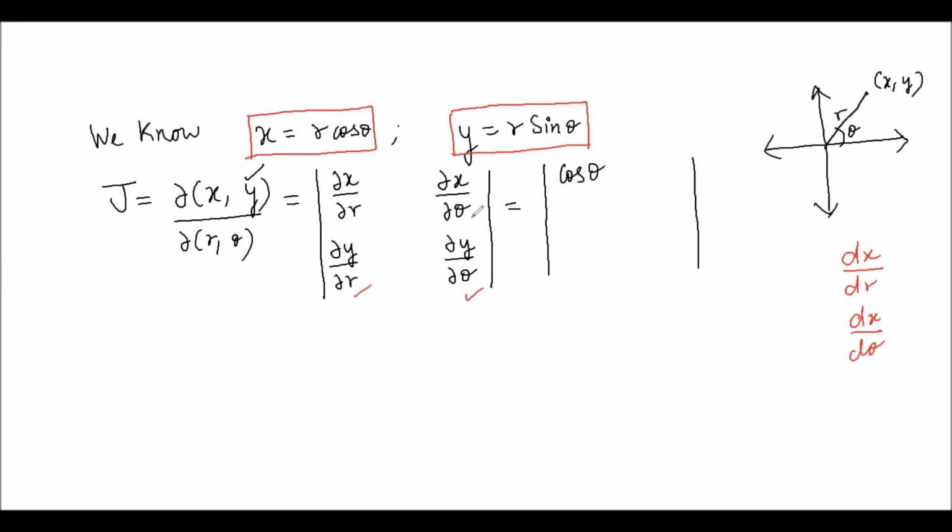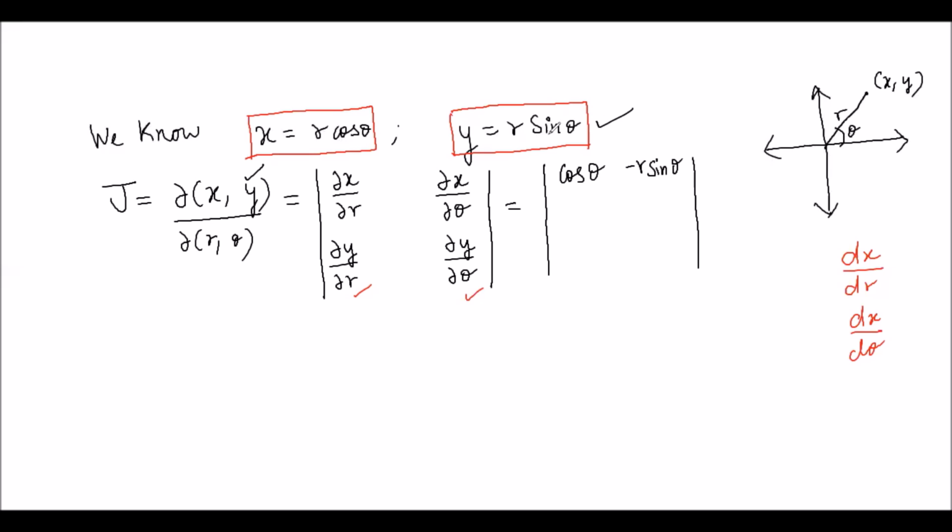Now del x by del theta. When we are differentiating x partially with respect to theta, r will be treated as a constant. So r will stay as it is and the derivative of cos theta will be minus sine theta. So the result will be minus r sine theta. Now del y by del r: for this we go with the definition of y.